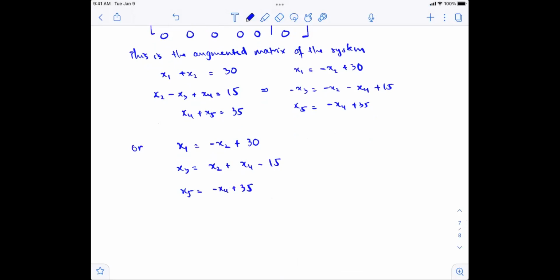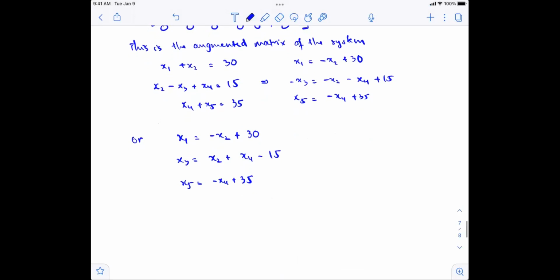Okay, now for this system, you have 2 free variables, which are x2 and x4, right? You can let x2 equal to t1 and x4 equal to t2.